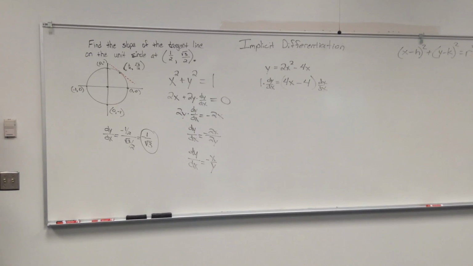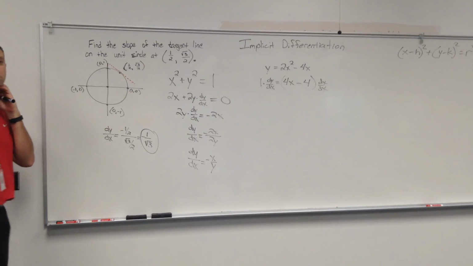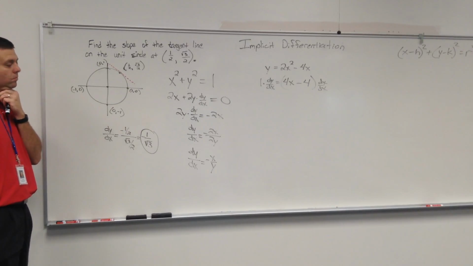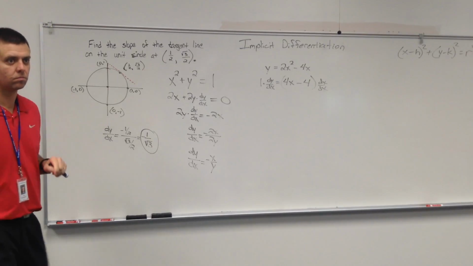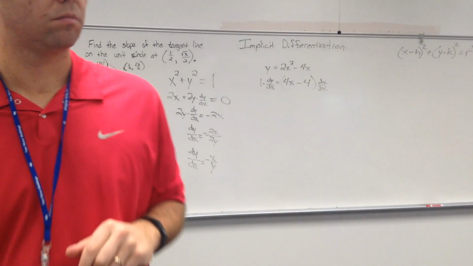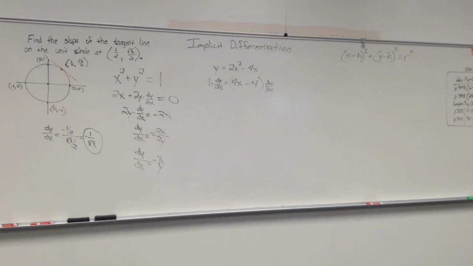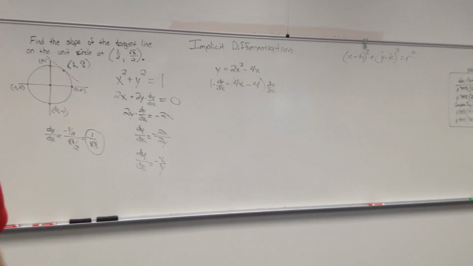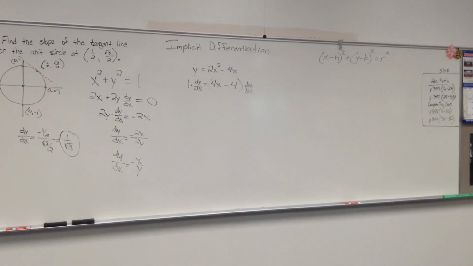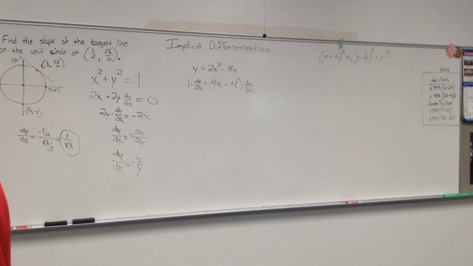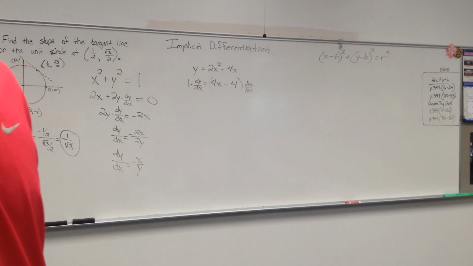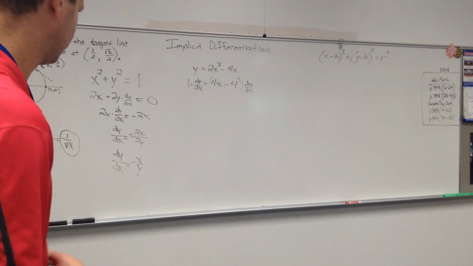Are we just basically going to do that, since x squared plus y squared equals 1 for all circles? For a circle, essentially, yeah, but you don't have too many circles. So could we just memorize negative x over y? Yes, but you're not going to have that many circles.